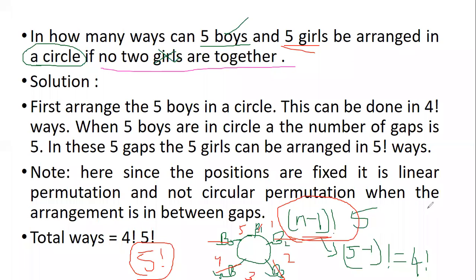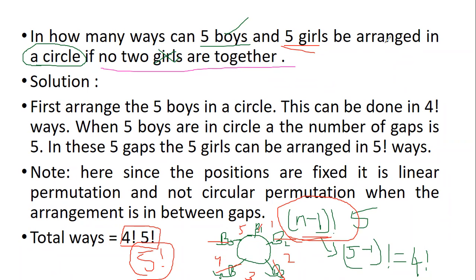Okay. So the total number of ways in which I will be able to get boys and girls in a circle is 4 factorial into 5 factorial. Clear?